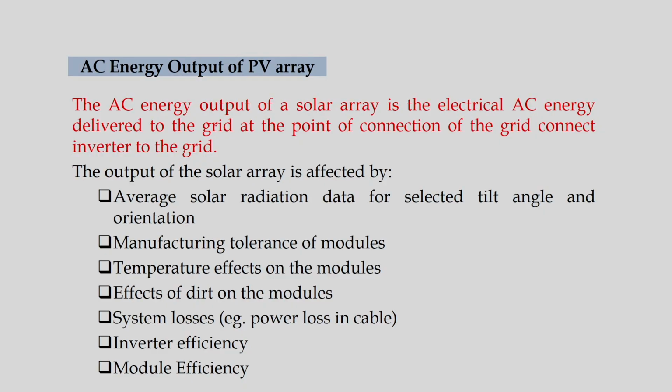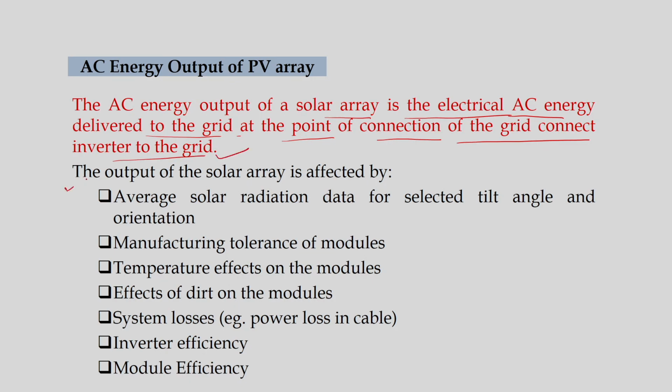The AC output of the plant, of a solar array, is the electrical AC energy delivered to the grid at the point of connection of the grid connect inverter to the grid.